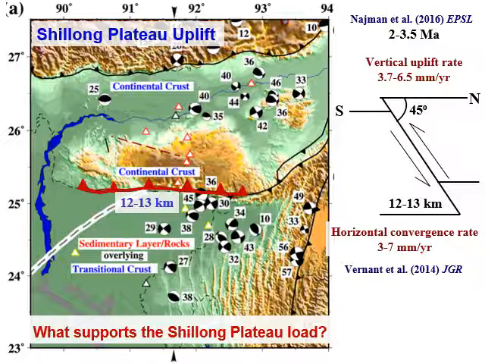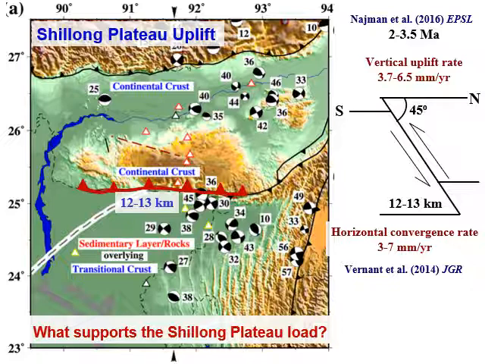Now finally I use information from the GPS geodetic measurements which has been reported in Vernant et al. 2014, and what they say is across the Dauki fault from the east to the west, the horizontal convergence rate varies from 3 to 7 millimeters per year.